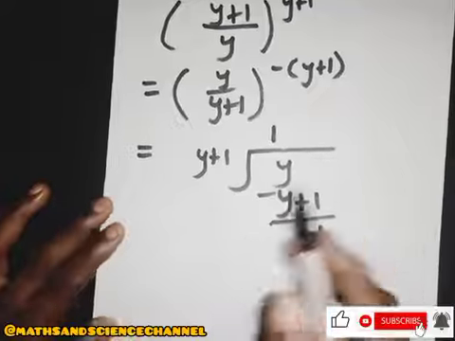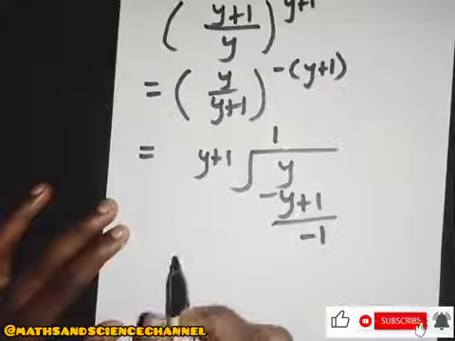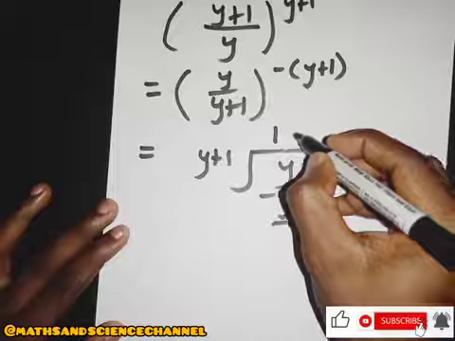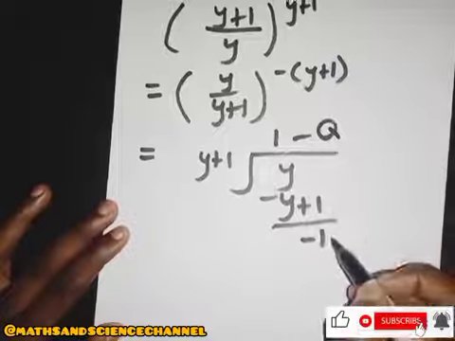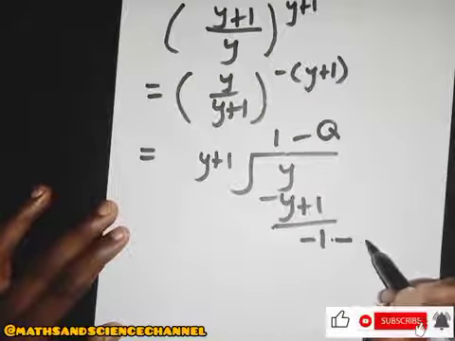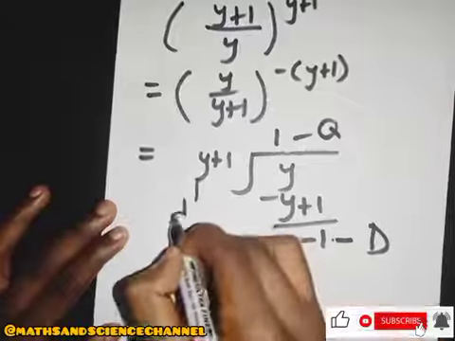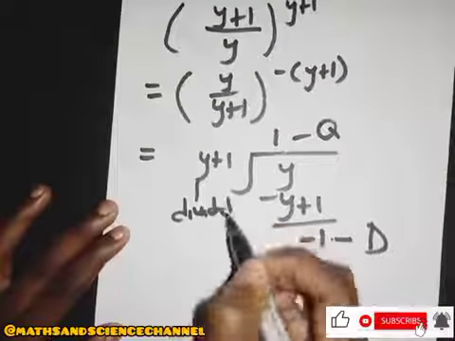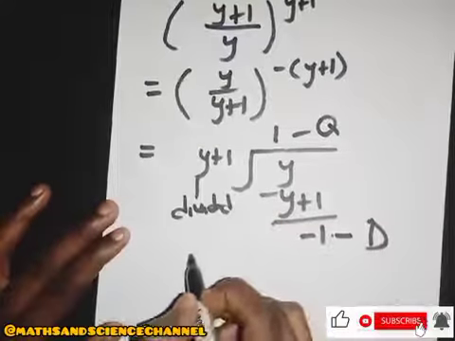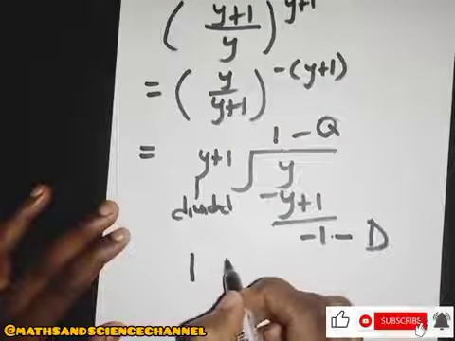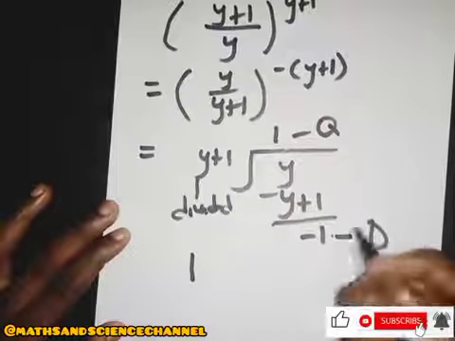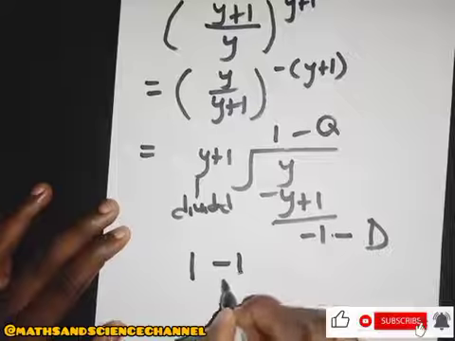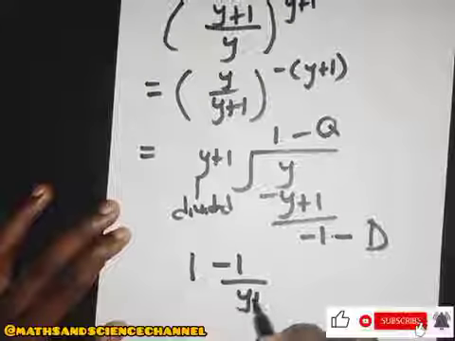Writing this again, this is the quotient, we have the divisor here, and also the dividend here. So we have the quotient, which is just 1, plus the remainder, which is negative 1, divided by the divisor y plus 1 here.